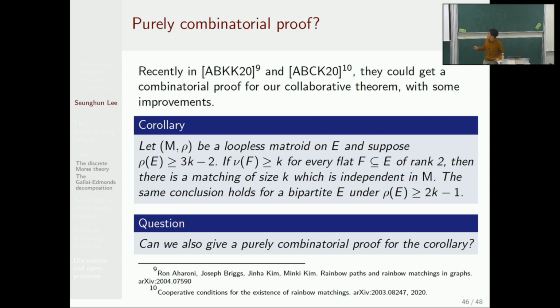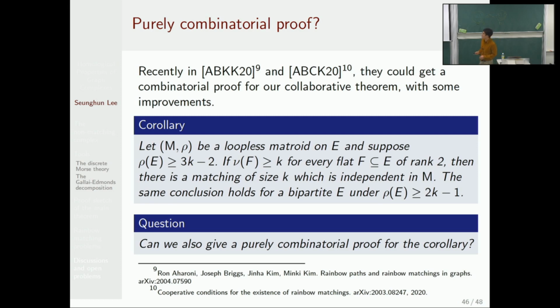The condition is now that for every flat of rank 2, if the matching number is bigger than or equal to k, then there is a rainbow matching of size k which is independent in that matroid. The condition is slightly changed, but the same argument works for this corollary.